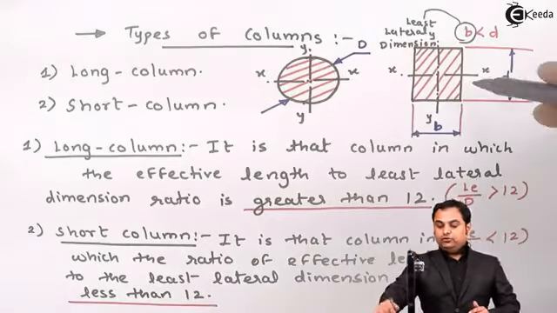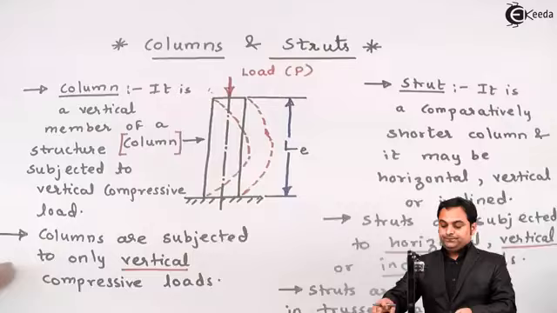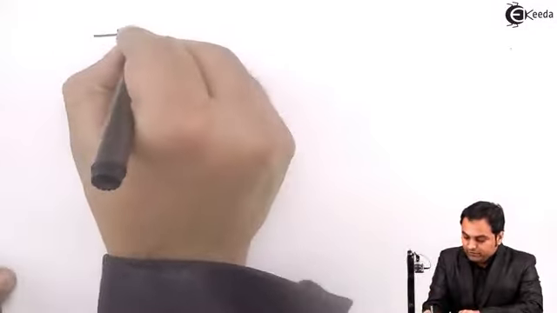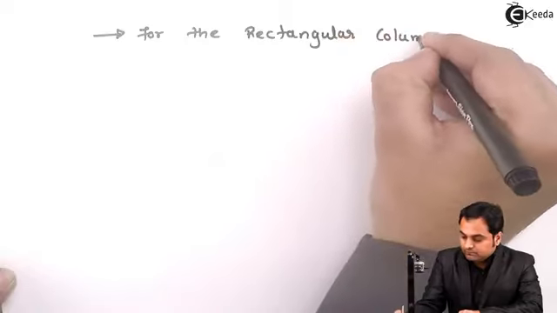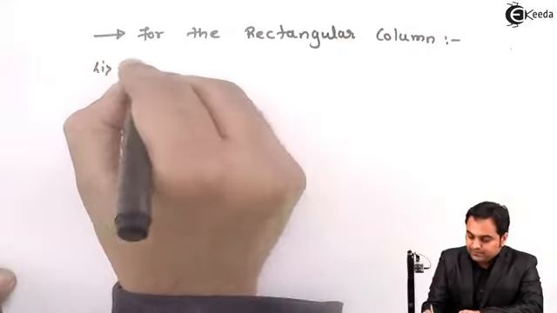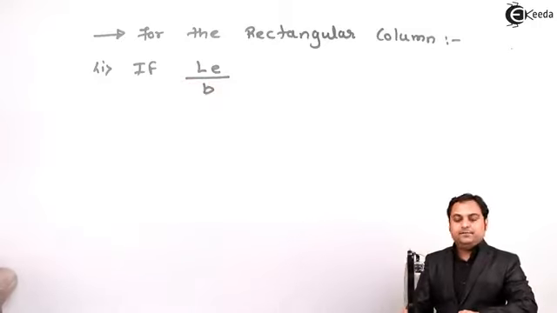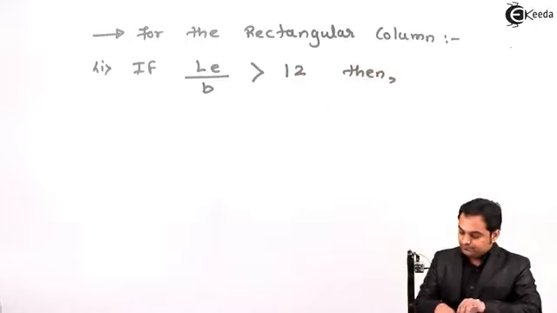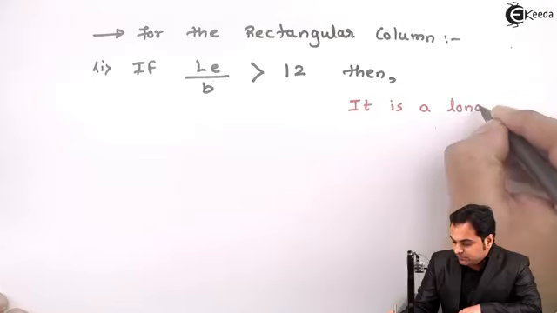So here, if I want to know whether this rectangular column is long or short, I'll calculate the ratio of effective length by B. For the rectangular column, first case: if effective length upon B, that is the least lateral dimension, comes out to be greater than 12, then it is a long column.